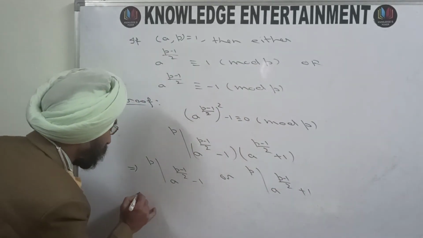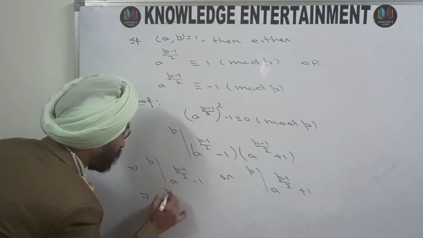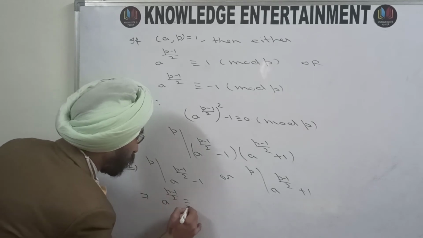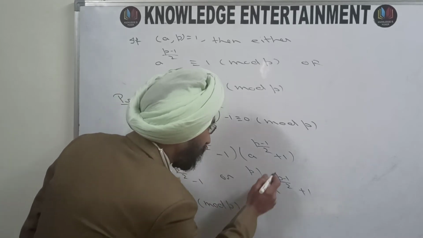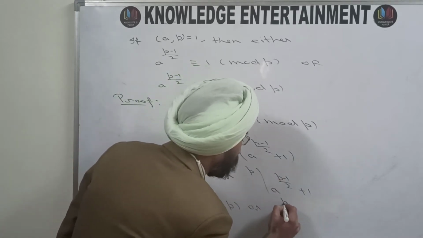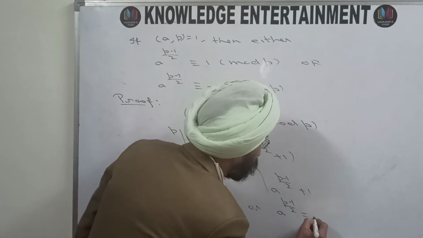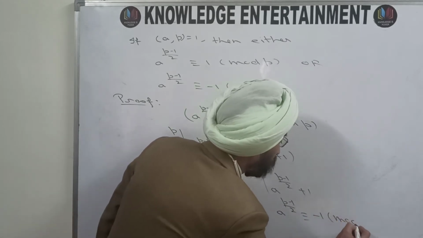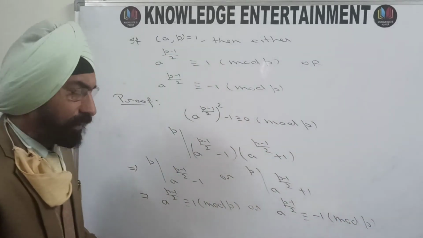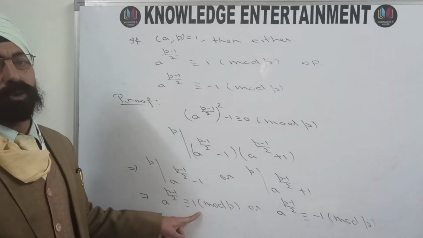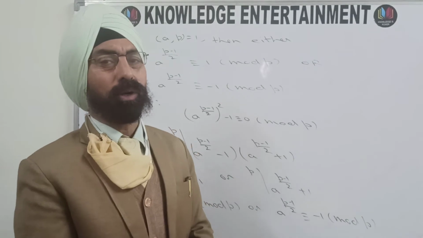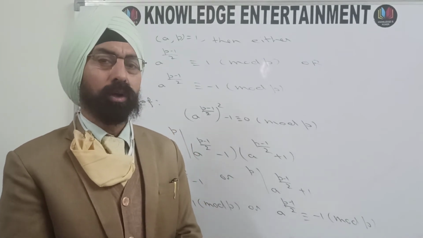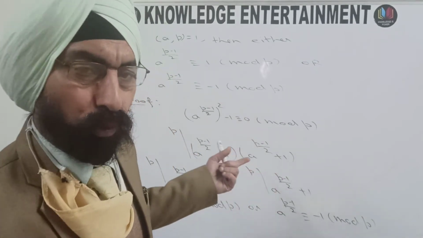From here you can say that a raised to the power (p minus 1) by 2 is congruent to 1 modulo p, or a raised to the power (p minus 1) by 2 is congruent to minus 1 modulo p. In the first case, we have already proved that a is a quadratic residue, or else in the second case a will become a quadratic non-residue modulo p. So we have proved this theorem as well.